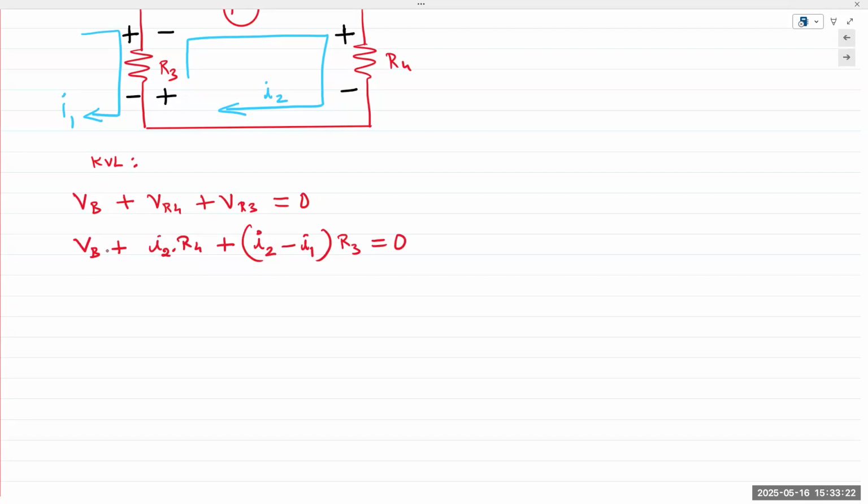After you write it down, take a look at the previous equation from mesh 1 and look at this equation, specifically the value for VR3. And tell me what you see.